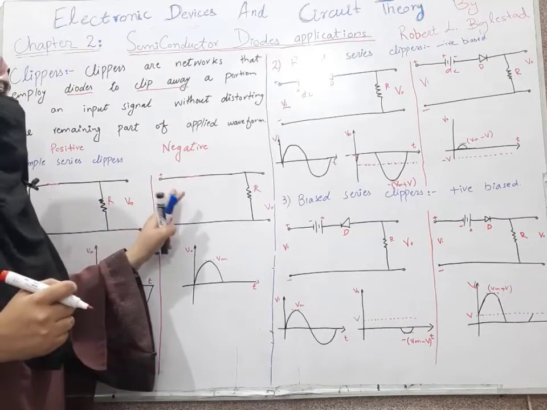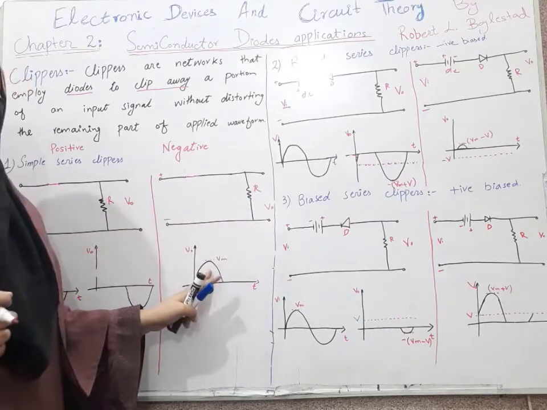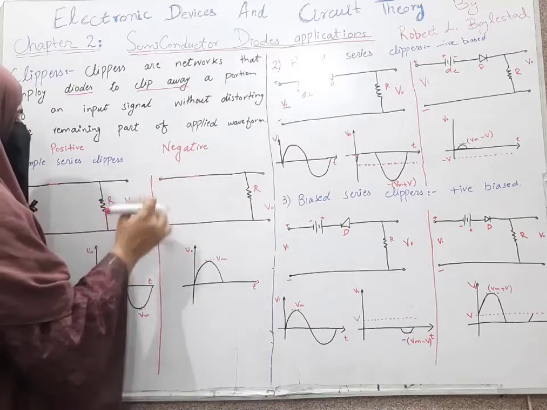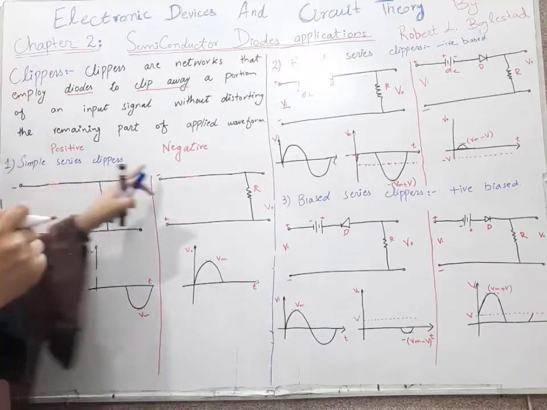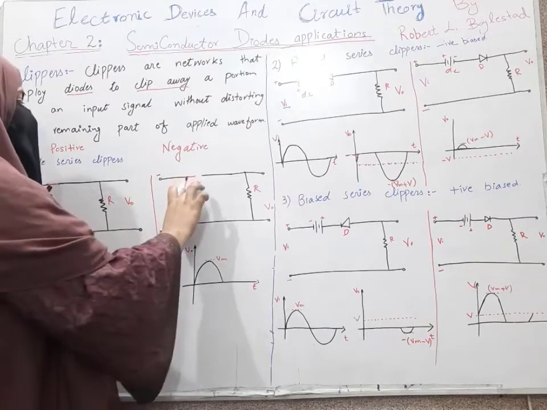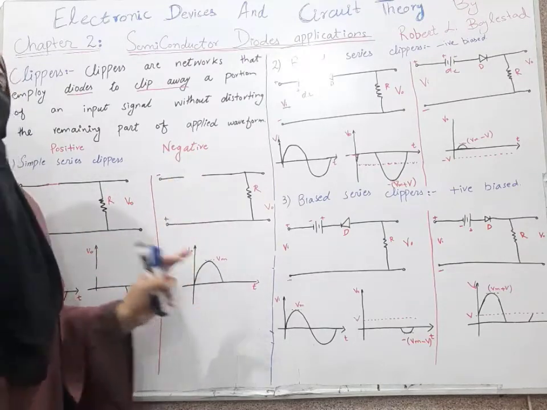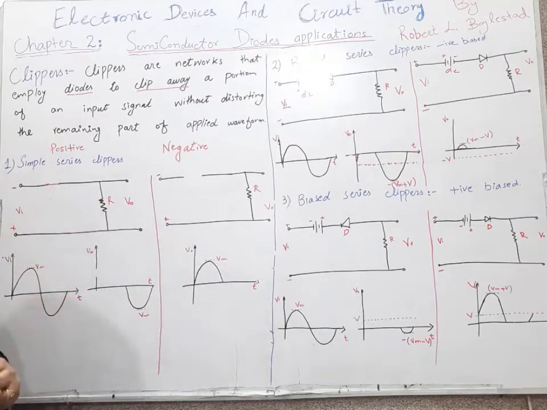We will get our output across the resistance, and we will have the output waveform like this. But for the negative half cycle, the negative is connected to the P type, so our diode will act as an open circuit, and we will get nothing at the negative half cycle. Vm is the maximum voltage.